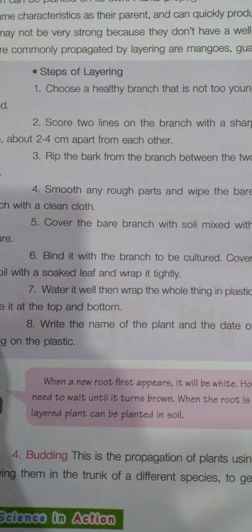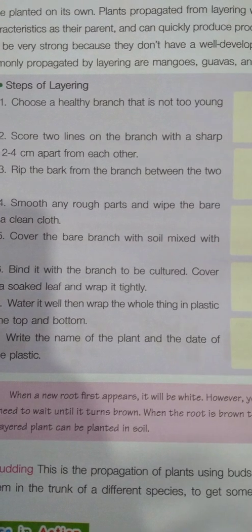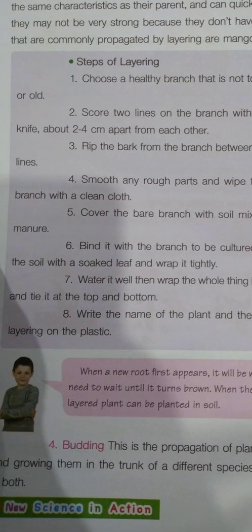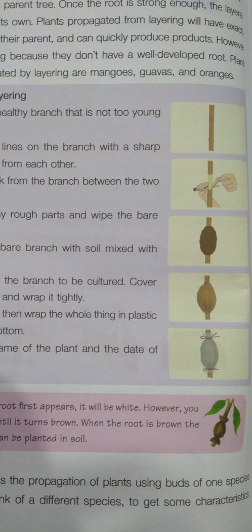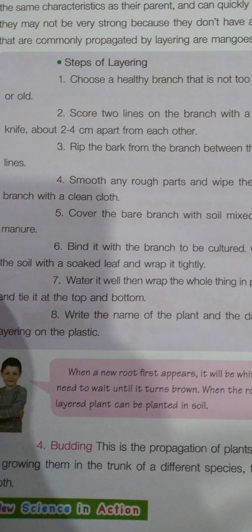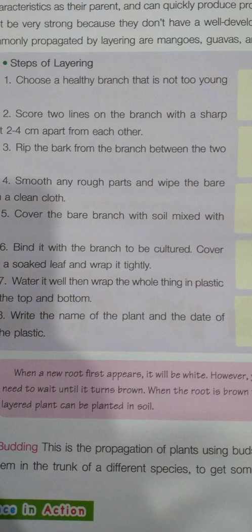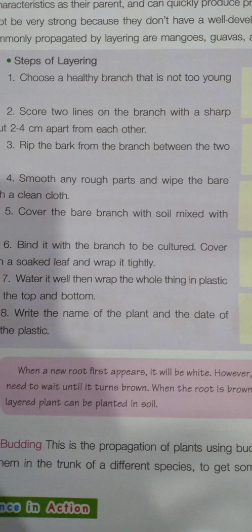Number 5, cover the bare branch with soil mixed with manure. Look at picture number 3. Number 6, bind it with the branch to be cultured.